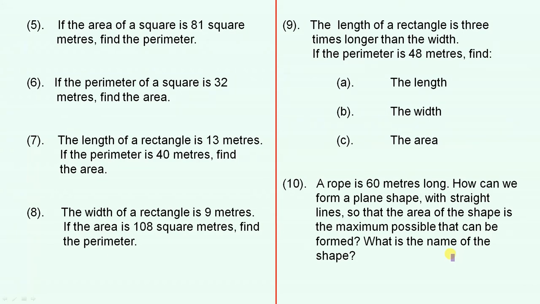What is the name of the shape? So try and find what shape is formed, find the name of it, and then once you do that and you apply this information, you should be able to find the actual area, which is the maximum possible area for that given length of rope.